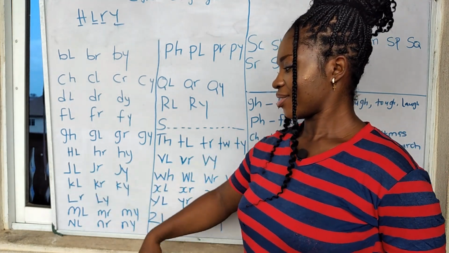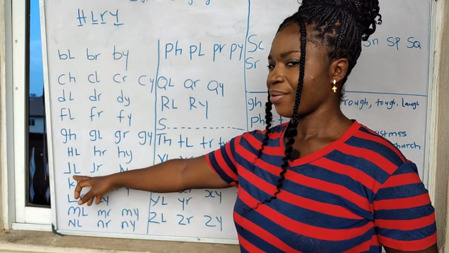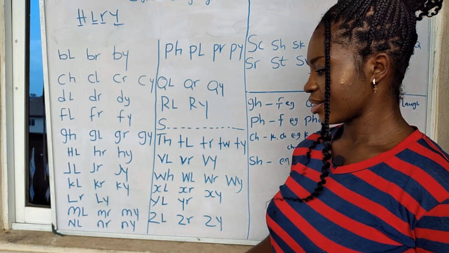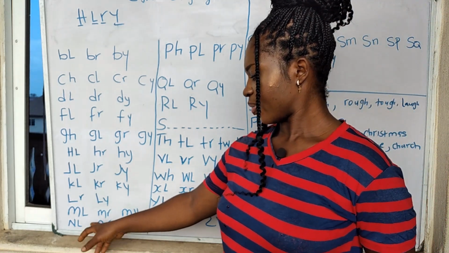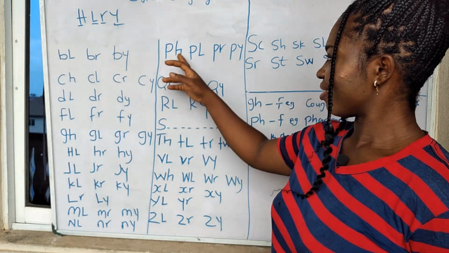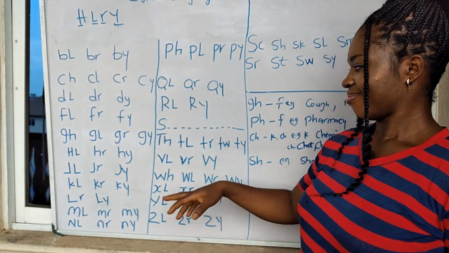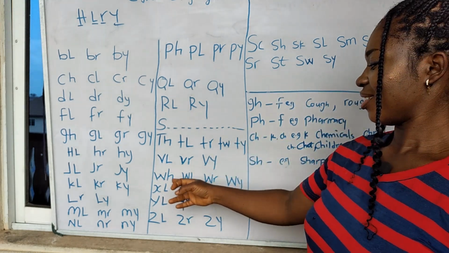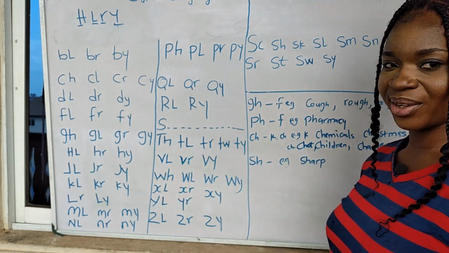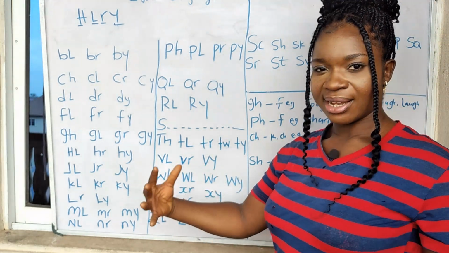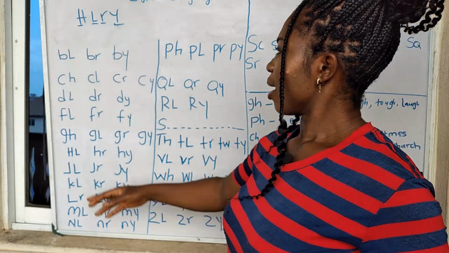Okay, moving fast. We are familiar with this, the X as well, and this very W. Okay, so I'm just going to make it quick because this video doesn't need to be that lengthy.